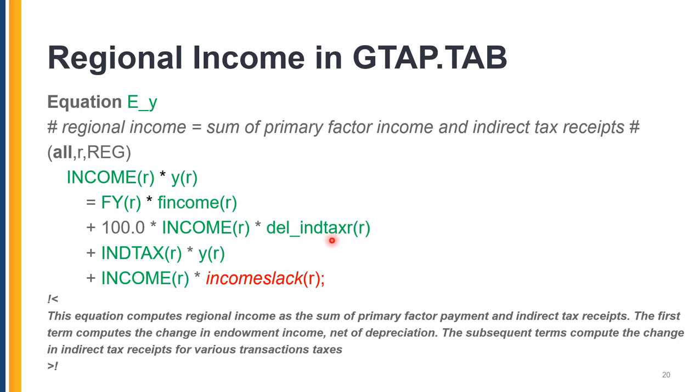And so what we do is we use an ordinary change variable. This is the absolute, or whatever you want to call it, ordinary change in indirect tax receipts multiplied by the income level, right? So that's the modulator, and then we'll put the 100 in front of it to put it in percentage, because this is in percentage change, and this is in percentage change, and this is in percentage change, and this is in percentage change.